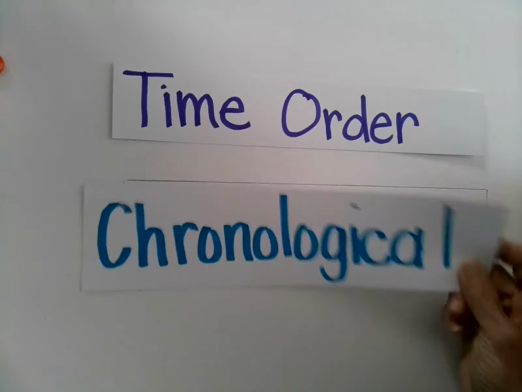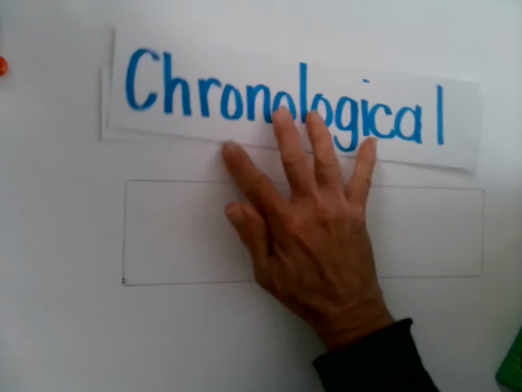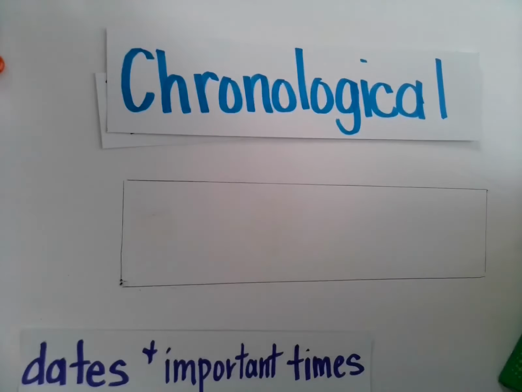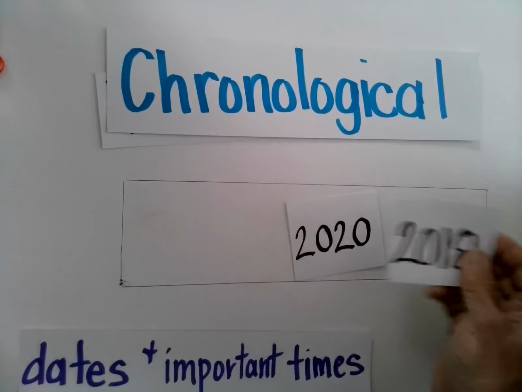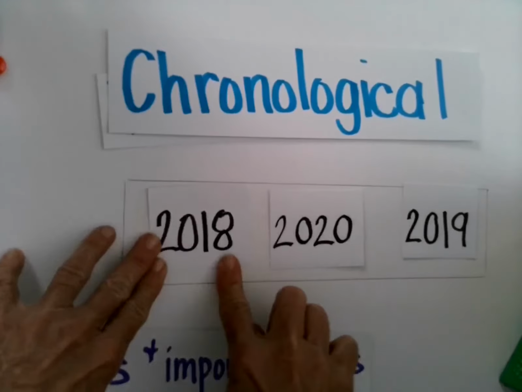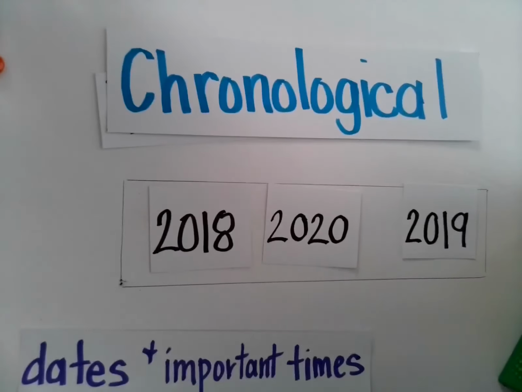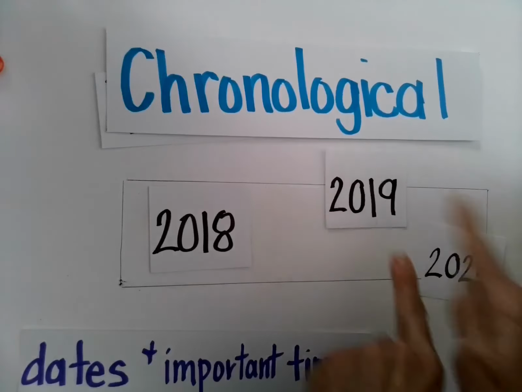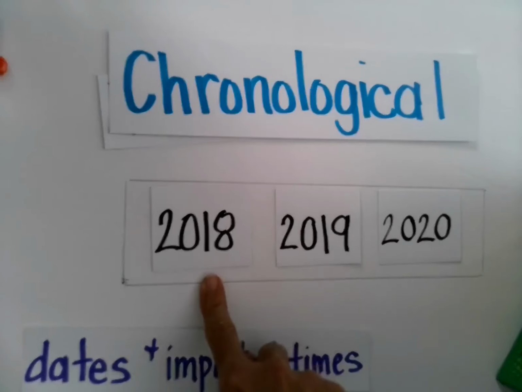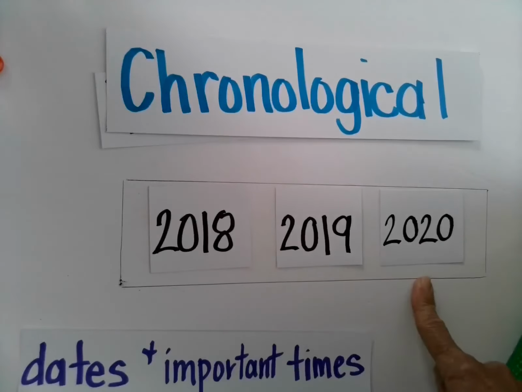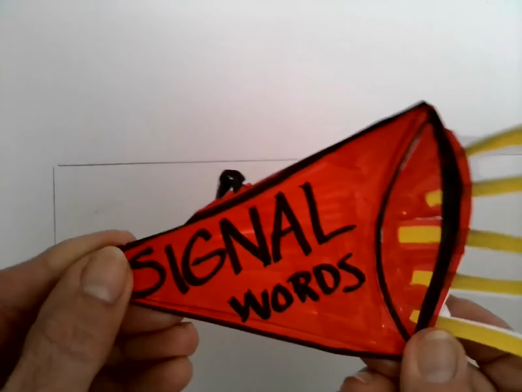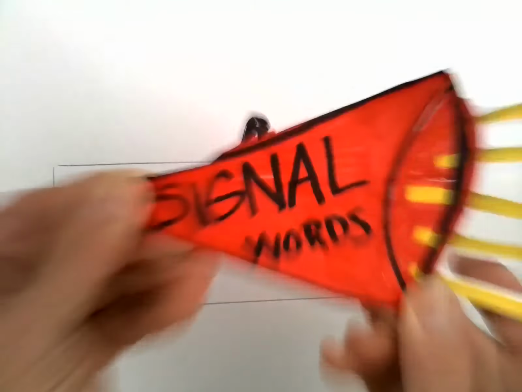So if you were going to read something that had important dates and times, this would be in chronological order. 2018, it would not be in chronological order. Look at that. Now it's in chronological order. 2018, 2019, 2020. Chronological.